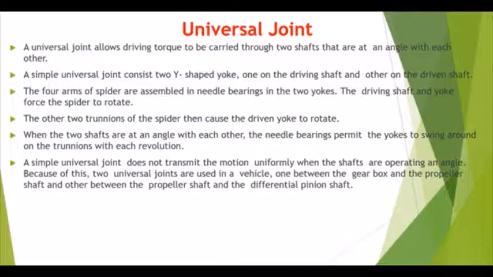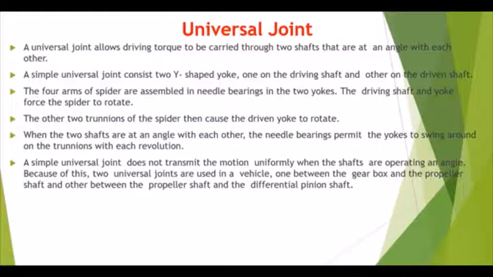Coming to the points listed here, this allows your driving torque to be carried through two shafts that are at an angle with each other. The simple universal joint consists of two Y-shaped yokes, I'll show you the figure after this, one on the driving and the other on the driven shaft. The four arms of your spider are usually assembled in needle bearings in the two yokes.